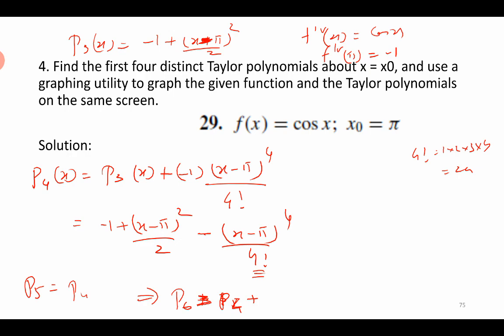This is positive 1 times (x minus pi) to the power 6 divided by 6 factorial. These are the 4 distinct polynomials. 6 factorial, if you expand, you will get 720. That's the end of this problem.